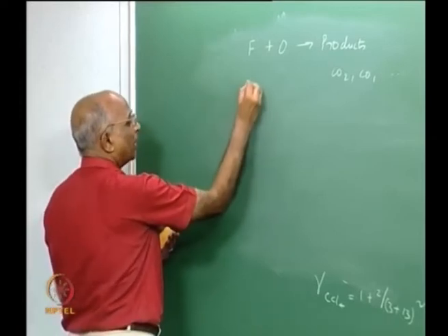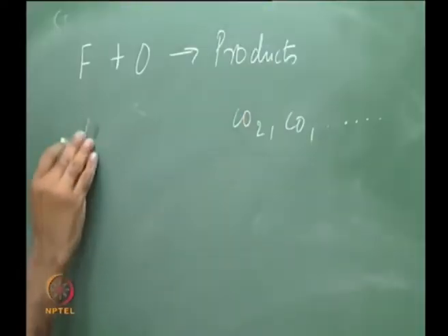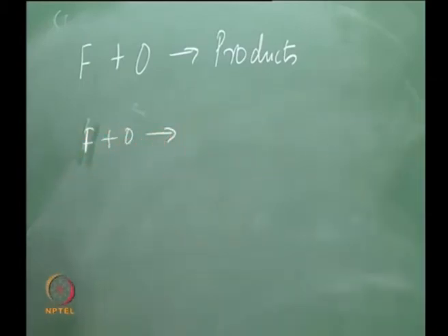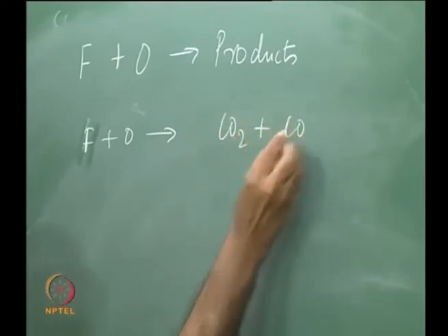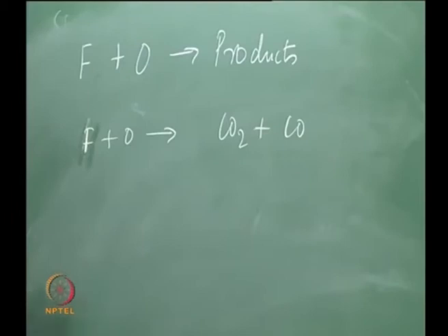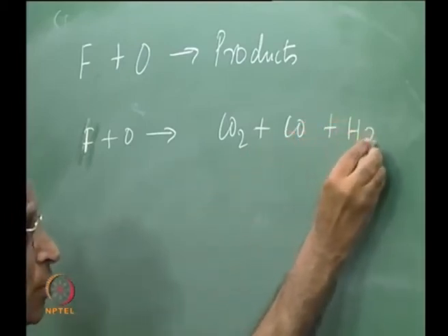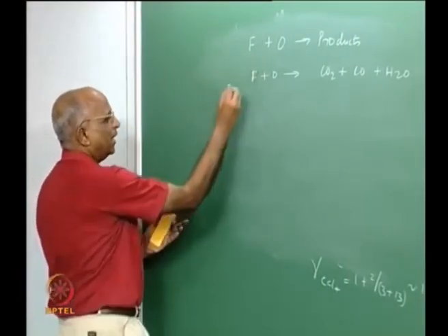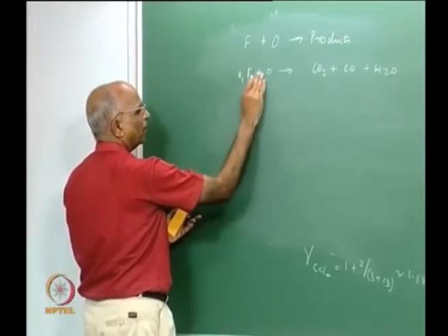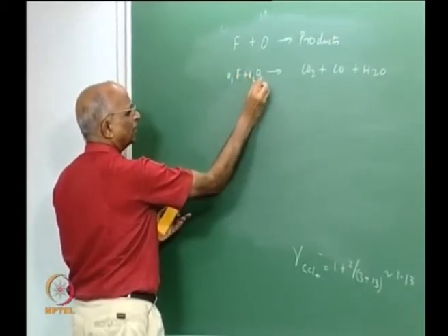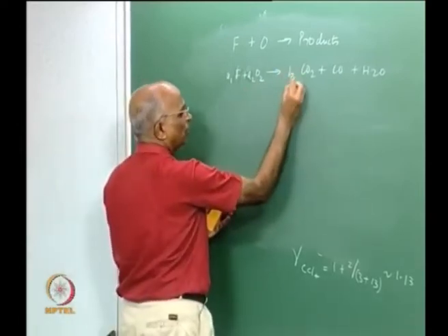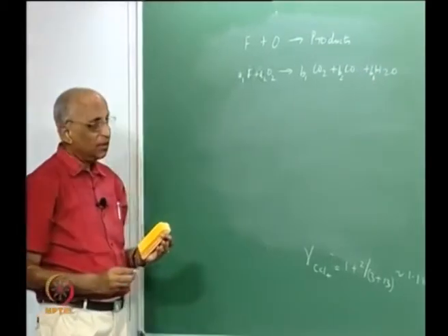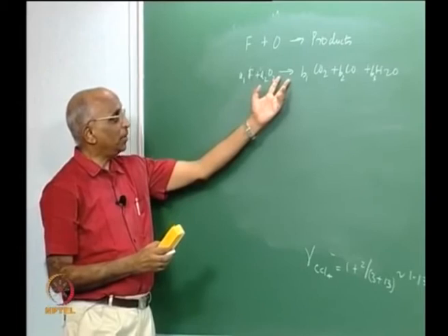Therefore my chemical reaction is fuel plus oxygen gives me, let us say, CO2 plus CO. Maybe the fuel contains hydrogen also, therefore maybe H2O also. Composition of the fuel is known. Let us say I take A1 moles of the fuel, A2 moles of oxidizer, and then I get B1 moles of one product, B2 of the second, B3 of the third.